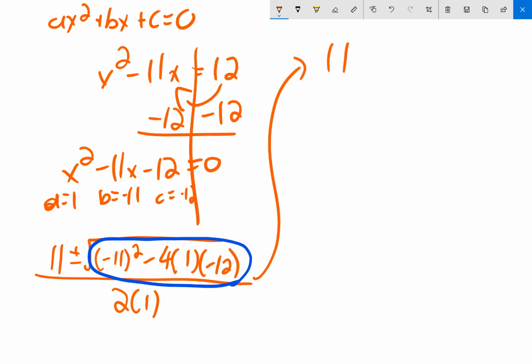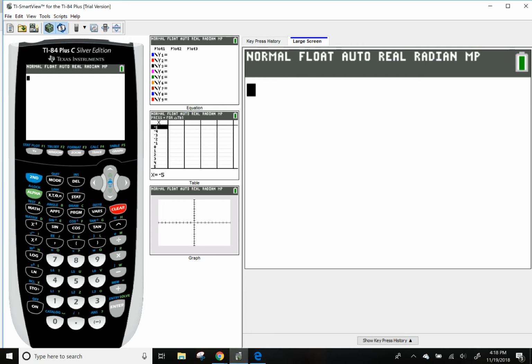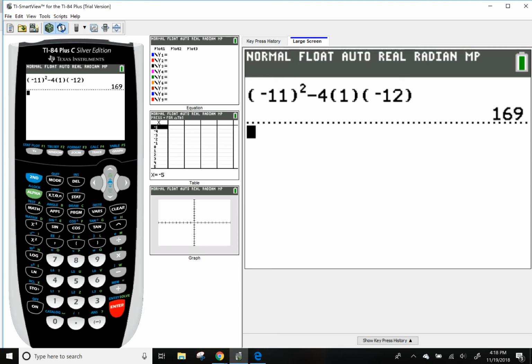I'll have 11 plus minus, well, let's see what's inside that radical. So it's, let's clear this. In parentheses, negative 11 squared minus 4 times 1 times negative 12. And that equals 169.